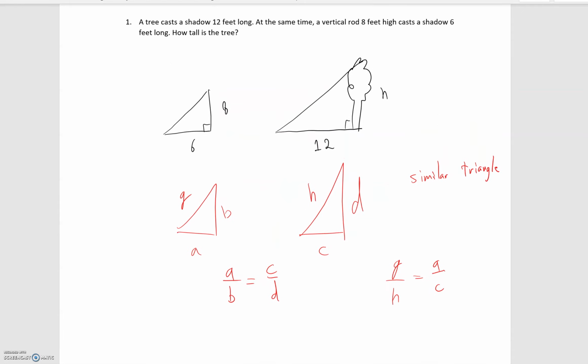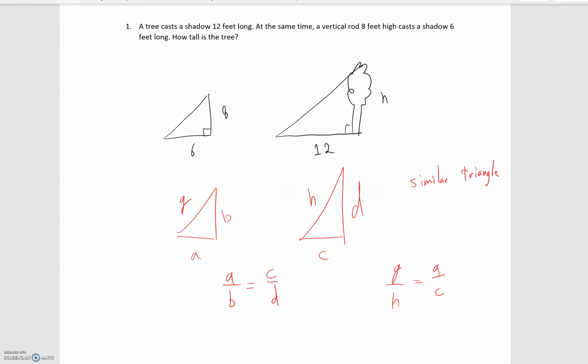Applying that here to this problem, we have that the ratio of h over 12 is equal to the ratio of 8 over 6. Multiplying both sides by 12, we will have solved for h.